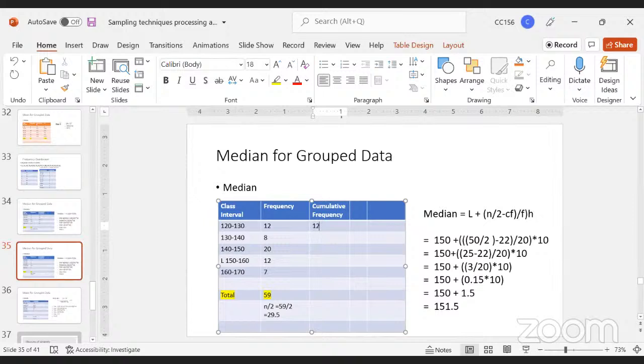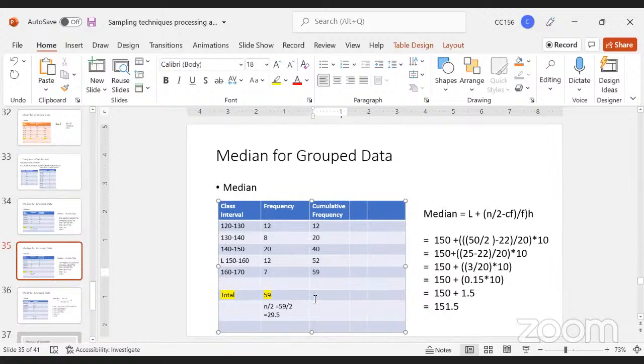First one is 12. What could be the next? Chat box, please. 20. Great. Next one, 40. Yes. 52. Excellent. 59. That's it.